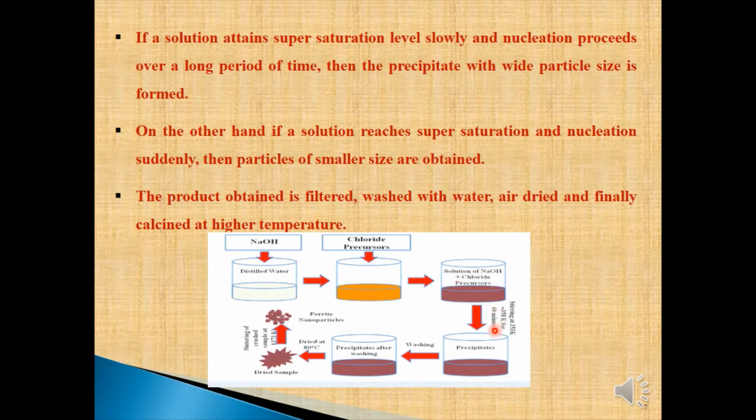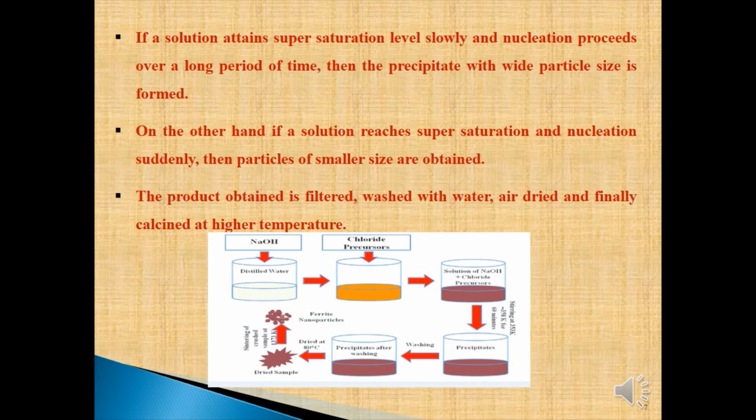So that precipitate is washed. The precipitate after washing is filtered and it's dried at a very high temperature. Next, it is finally grinded to get the required nanomaterial. Okay, so this is the representation of precipitation process, in which we can see how we can prepare the nanomaterial by the chloride precursor.